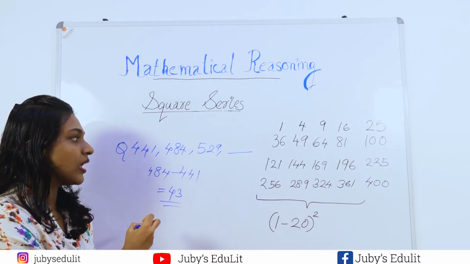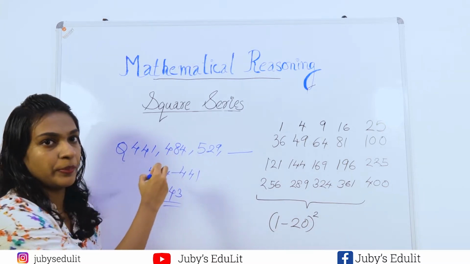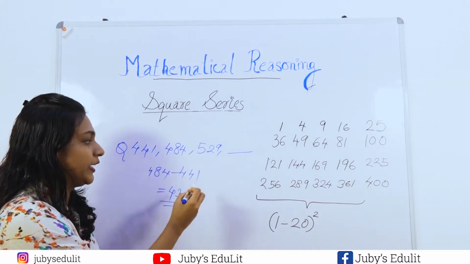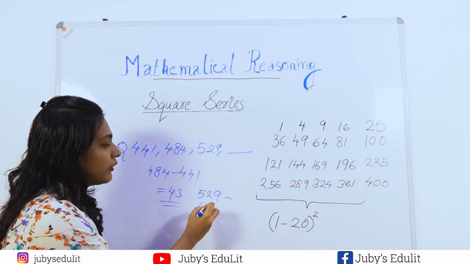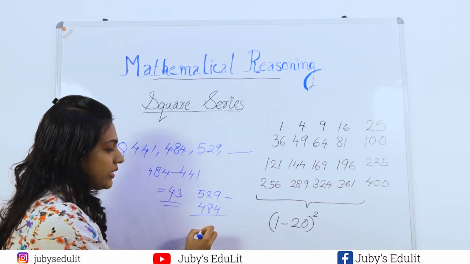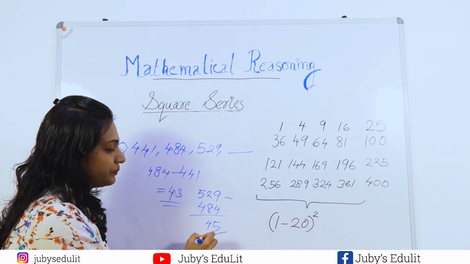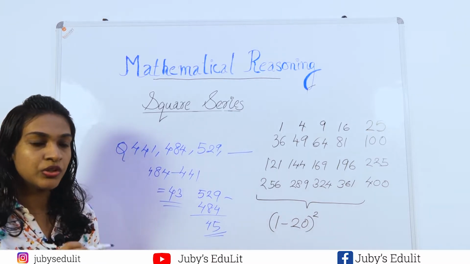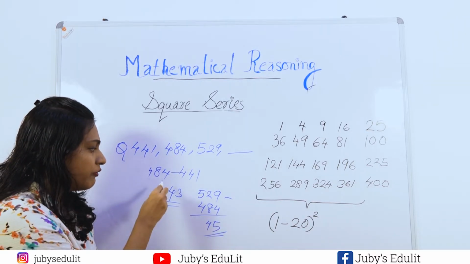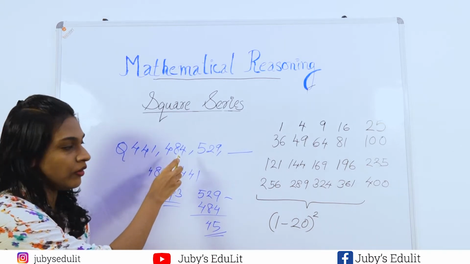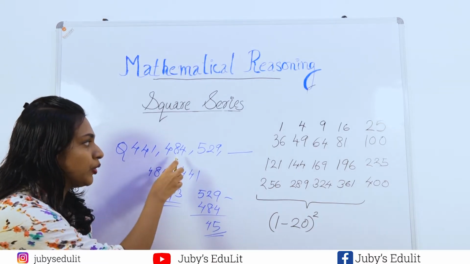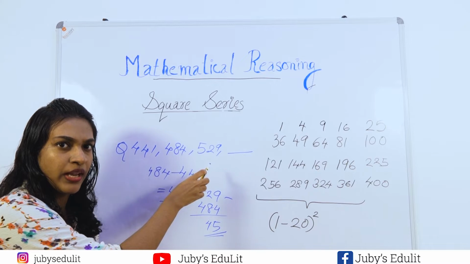Now let's subtract these two numbers, 529 and 484. 484 subtracted from 529 gives the answer 45. So you can understand that 43 is added to 441 to give 484, and 45 was added to 484 to give 529.